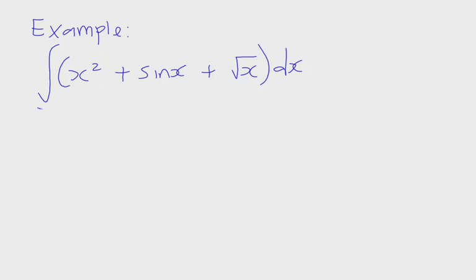So the integral of a sum of a finite number of functions is equal to the sum of the integrals of the separate functions. So we apply the integral to each, but remember, it's the sum. So we have plus the integral of sine x dx.